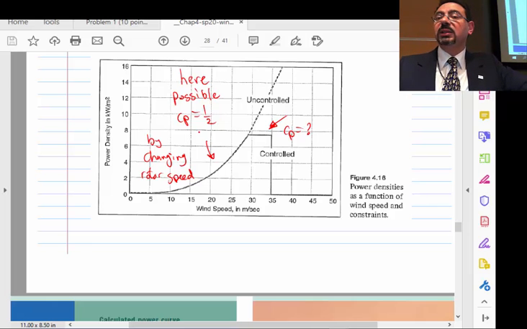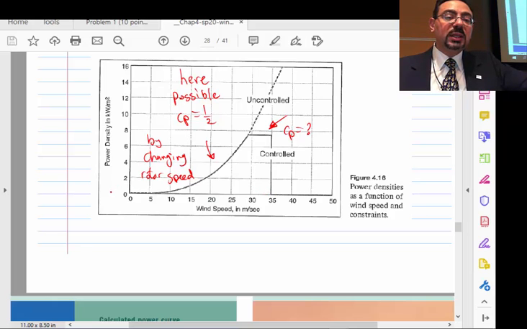So half rho A V cubed, that's the input power, multiply by CP, and that would be the output power. But you on purpose cap it once you hit the rated power and say, no, I'm not going to get any more than this. And after you cap it, you even shut it down at the cut-out speed.